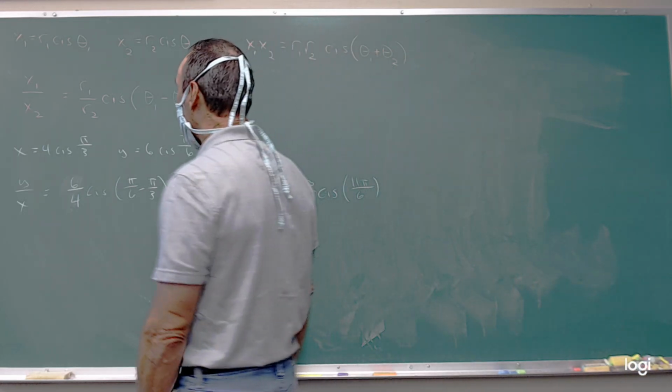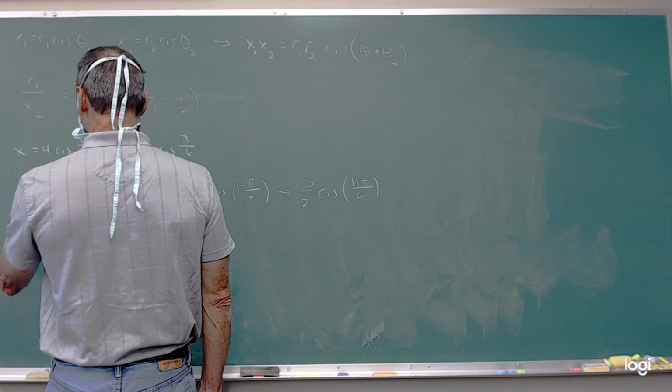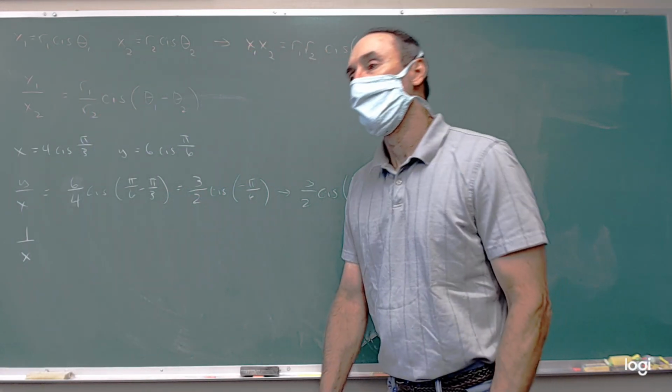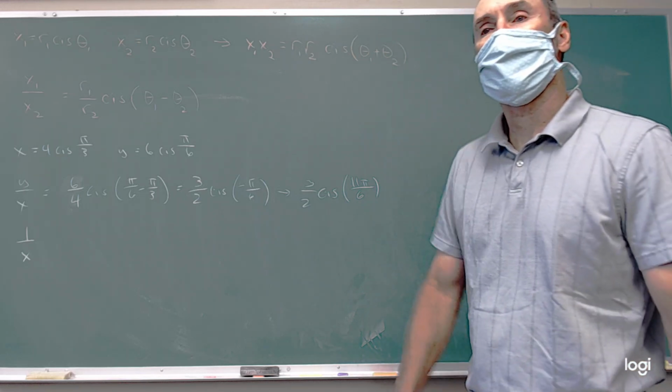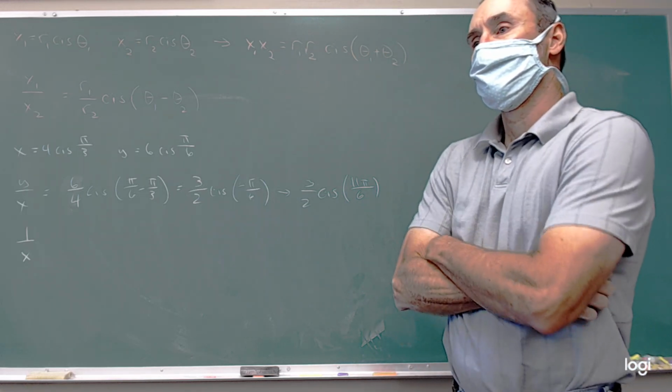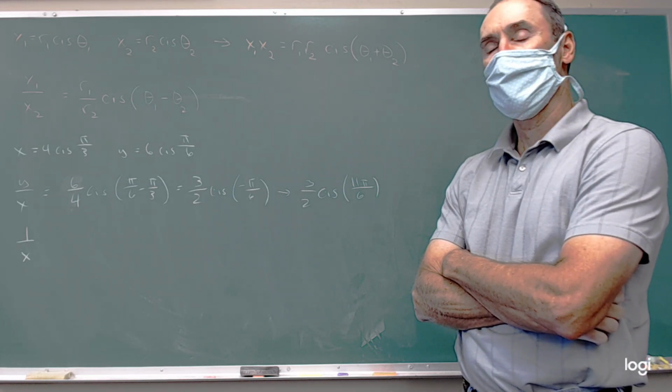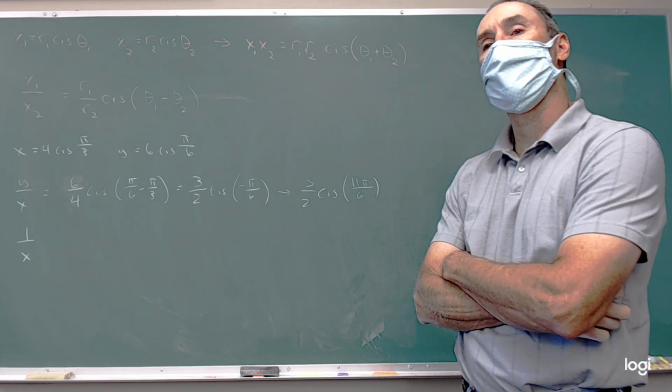Oh, I think we should be daring. How about if we do the reciprocal of x, 1 divided by x? How might we do that? I'm open to suggestion here.